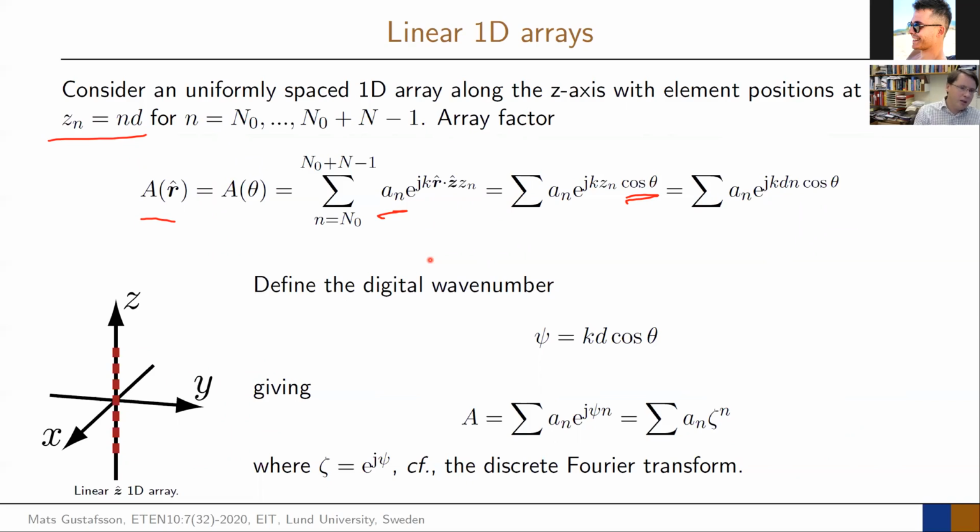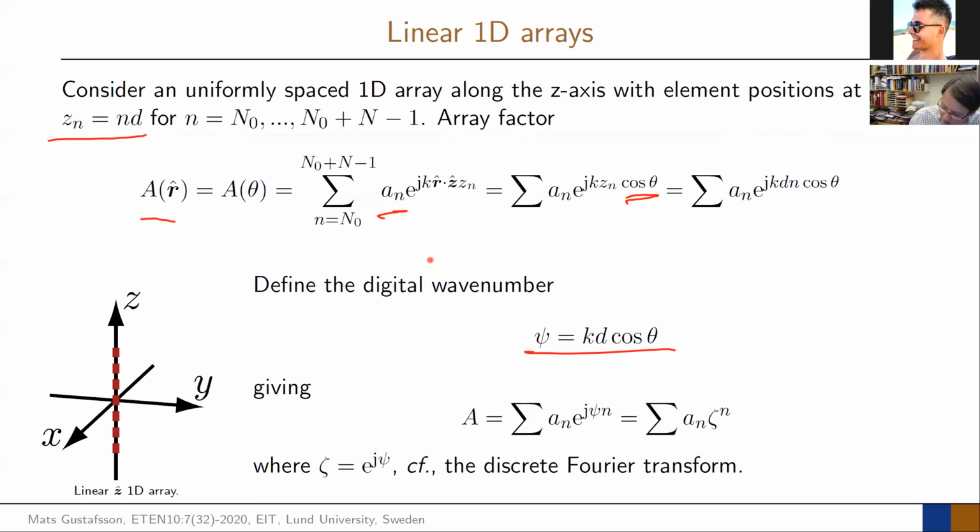And a convenient way here is actually to drop all that is common in these cases here. We take everything that is common and we introduce what's called a digital wave number, which is kd cosine theta. So the wave number times the distance, and then cosine theta, so the angle where we're looking at it.